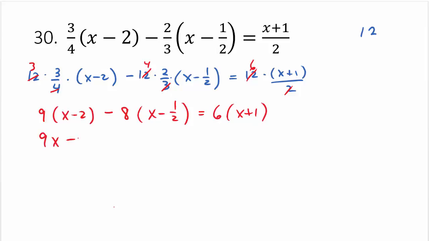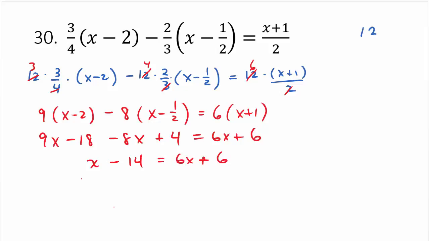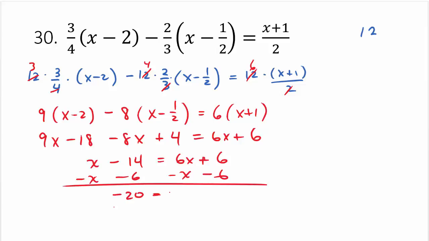So I have 9x minus 18 minus 8x plus 4 equals 6x plus 6. So we have x minus 14 equals 6x plus 6. I can subtract the x from both sides, and I can subtract 6 from both sides. So I'm left with negative 20 equals 5x, so x equals negative 4.